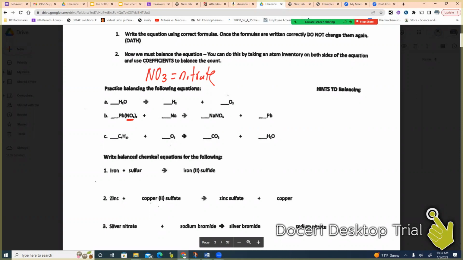So in other words, when I look at this, I'm going to have lead, I'm going to have nitrate, and then I'm going to have sodium. Like I said, we're going to skip that next one. Those are my 3 things I'm going to count. So I need them on my reactant side and I need them on my product side.